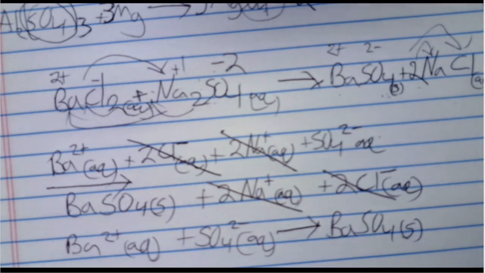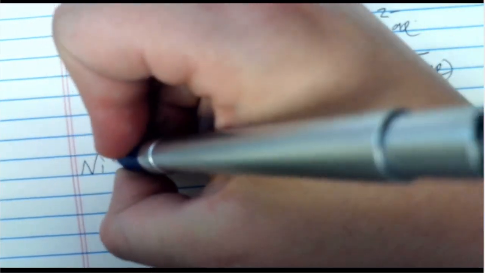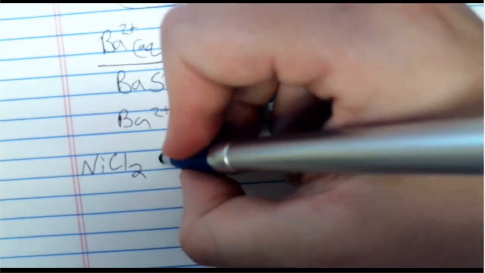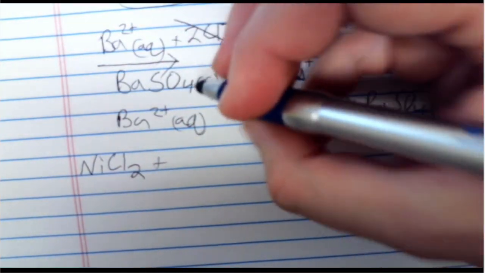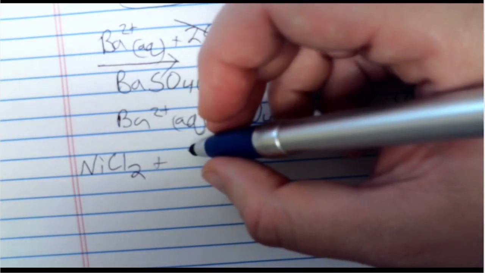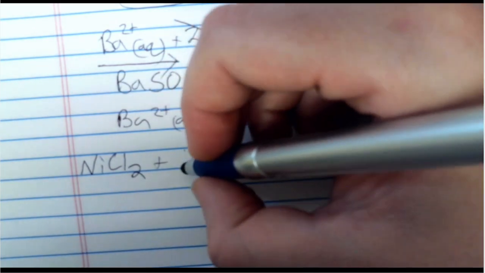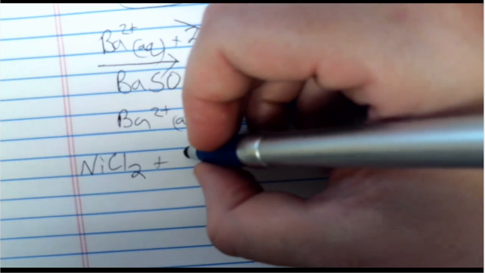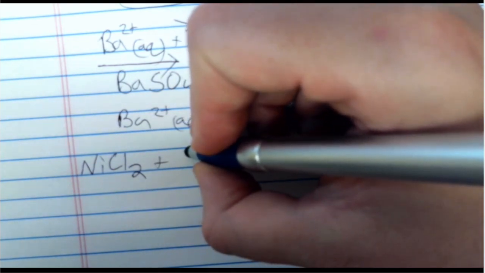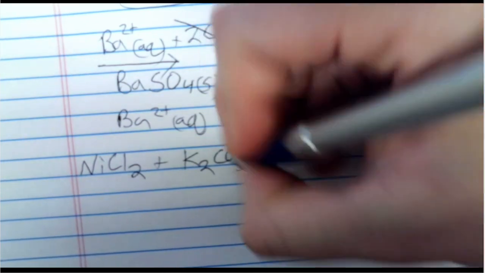So let me do one more. I'll make one more from scratch that isn't on my slide. So let's look: nickel chloride plus, let's see, I'll say potassium carbonate. Okay. All these should be aqueous.